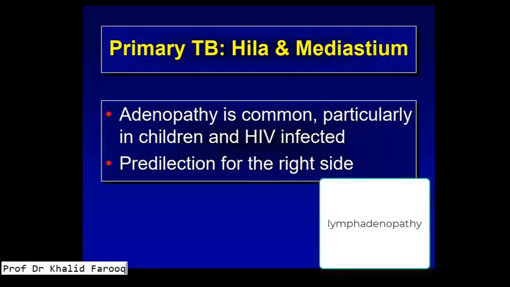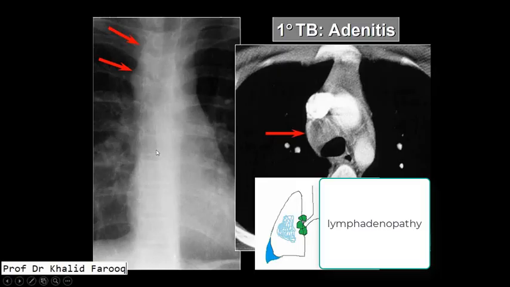Another pattern of primary tuberculosis is lymphadenopathy. Lymphadenopathy is common, especially in children and immunocompromised patients, that is, those who are HIV infected, and usually we see right-sided lymphadenopathy. Here we have few examples.